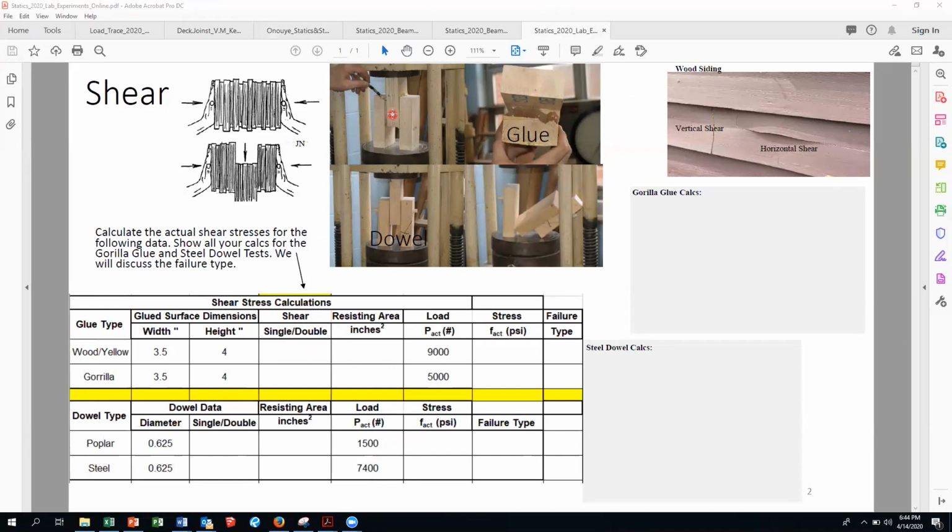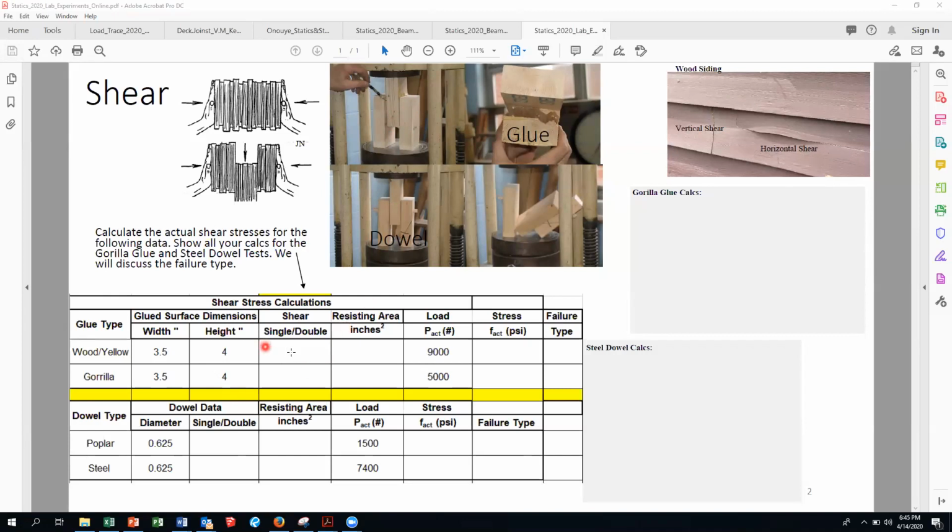So what is it, single or double? Isn't it a double? It's double because you have two glued surfaces. That's like with the dowels, you have two sections of the dowel resisting the load, so they're both in double shear.